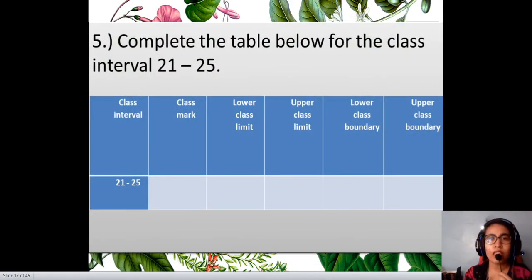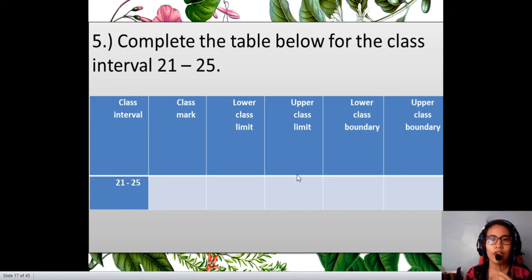Next, complete the table below for the class interval 21 to 25. If I'm going to answer it, we have 21 to 25, 21, 22, 23, 24, 25. So therefore, my class mark is 23. For the lower class limit, I will have 21.